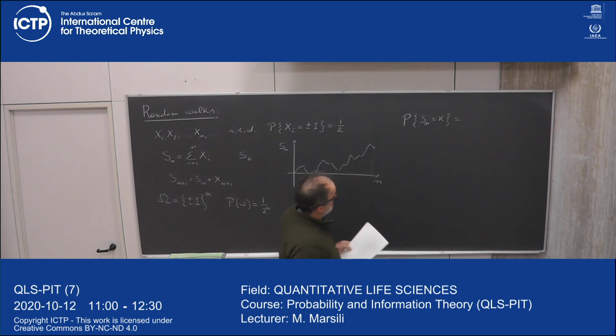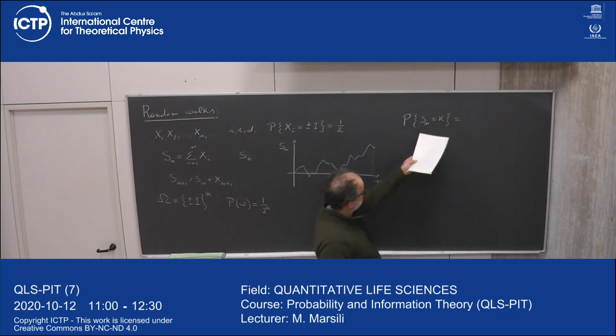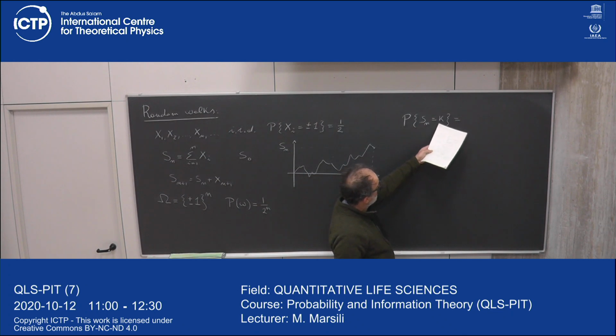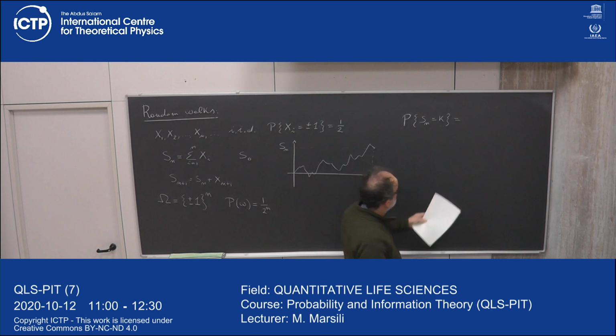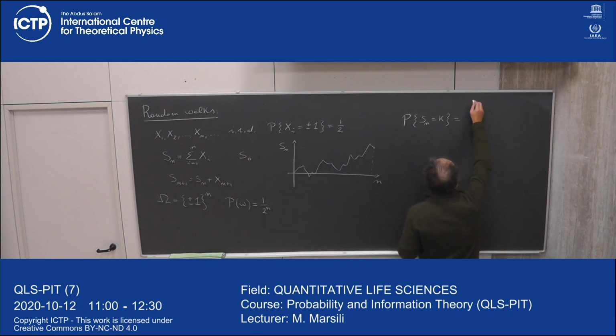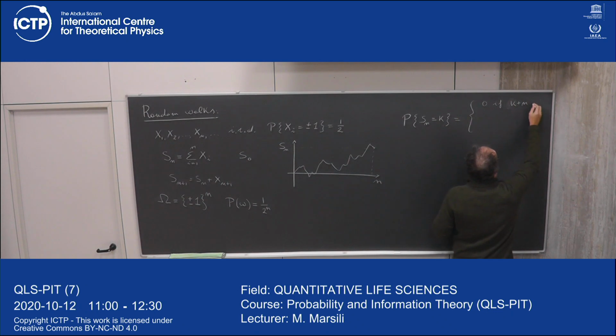Now, if after n steps the random walk is in a position k, first of all you notice that this probability is 0 if k plus n is odd.